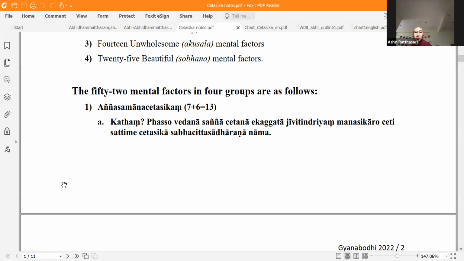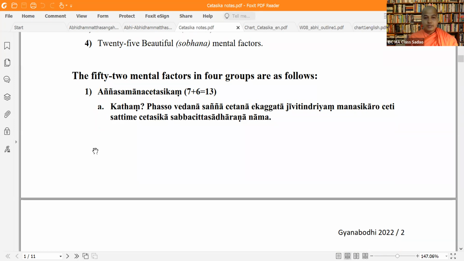So far we know the number, and now let us know their names at least. Also it is important, if you have time, to know about each specific Chetasika in detail. What do they exactly mean? What are their functions? What are their characteristics? But that will come later.